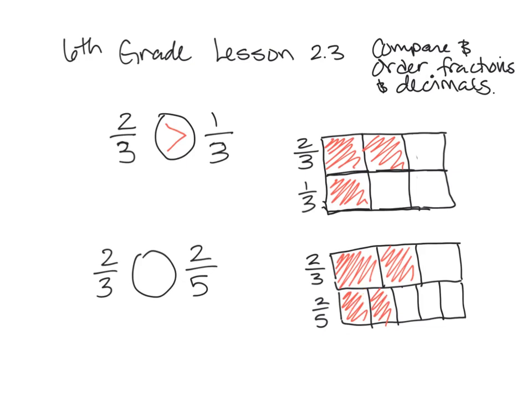So that's a good trick to play on your brother. Okay? So if your numerators are the same, and you know that the more times you're cutting up something, the bigger that denominator gets, the smaller the pieces get, then you can kind of reason out which one's bigger than which. So in this case, 2/3 is bigger than 2/5 because they're cut into bigger pieces than the 2/5 are.